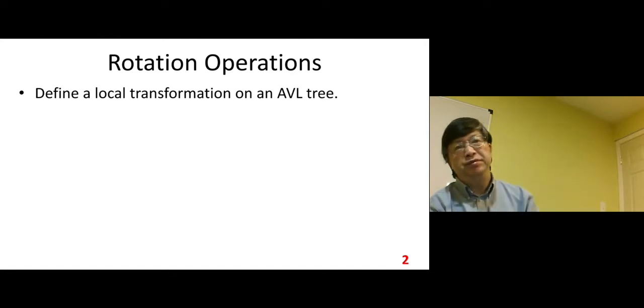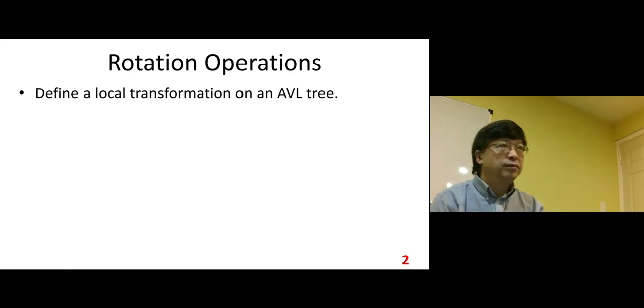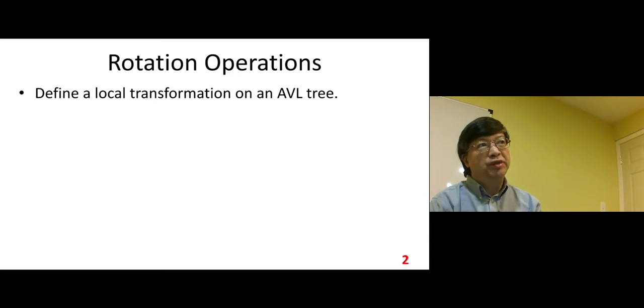It could be 2. Usually, if we start with an AVL tree, suppose we build an AVL tree first.